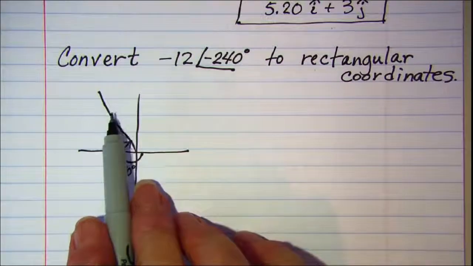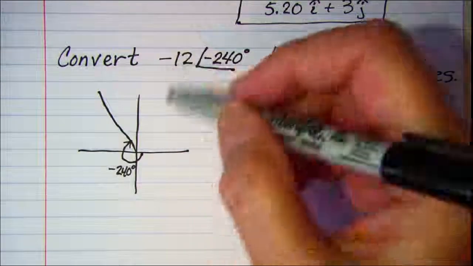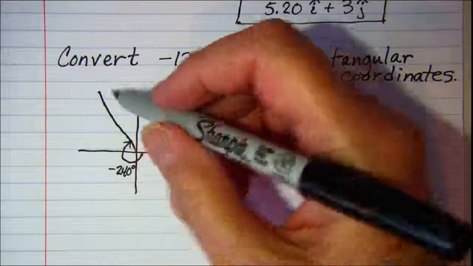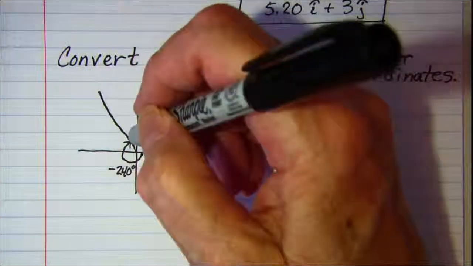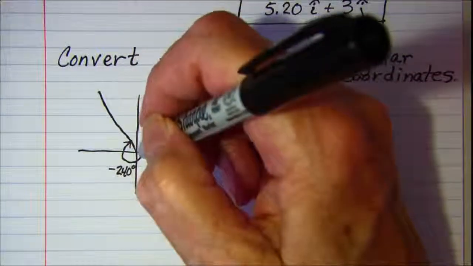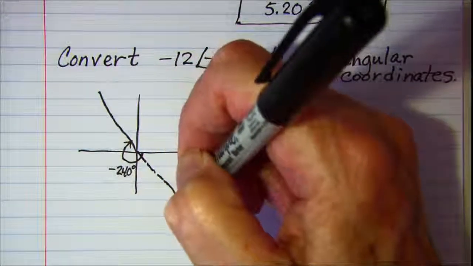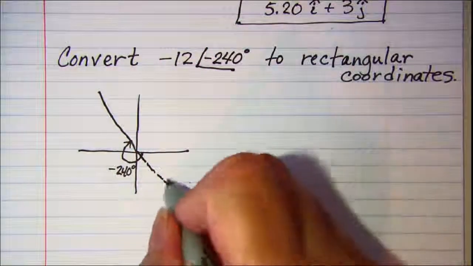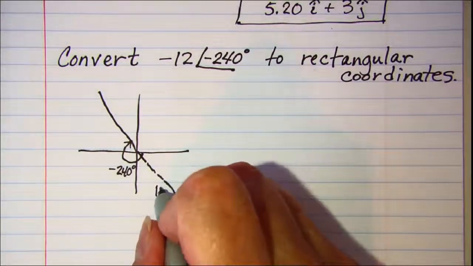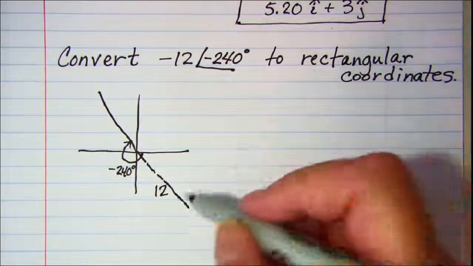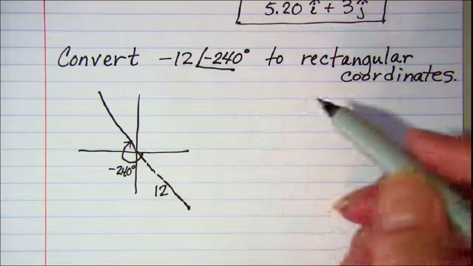When we have a negative r value, we don't use this vector. We have to add 180 to this and use this vector. So this is the vector we're going to use. We have 12 is the distance from the point to the origin.